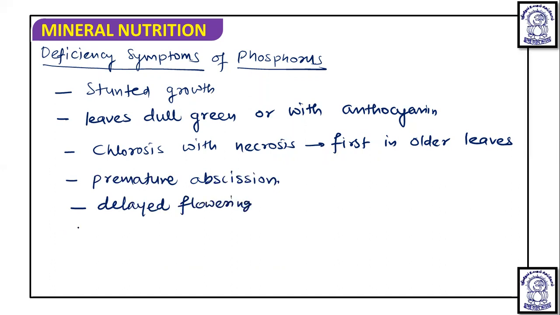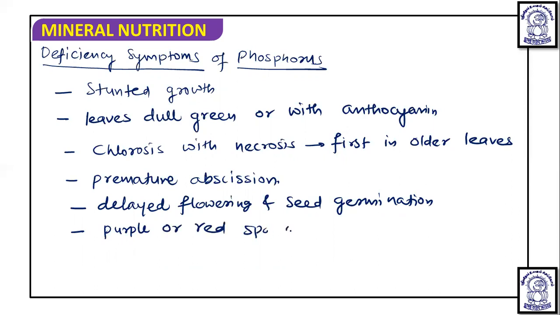Poor vascular development, delayed flowering, and seed germination, both are delayed in the absence of phosphorus. Purple or red spots on leaves. Okay, so these are some of the symptoms which occur in the deficiency of phosphorus.